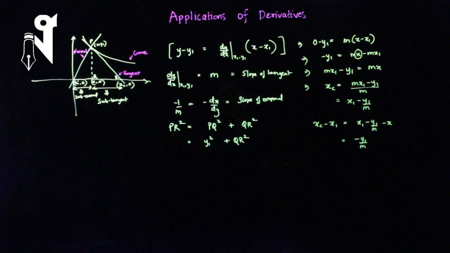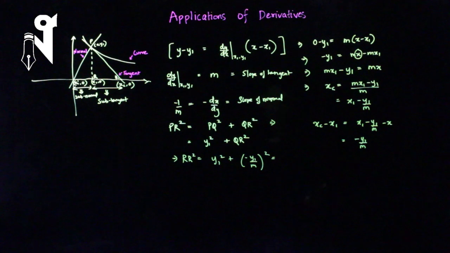Okay, now substituting this in the Pythagorean step, where I'm using Pythagoras theorem, I get PR square is y1 square plus (y1 by m) whole square. Now I can take y1 common.